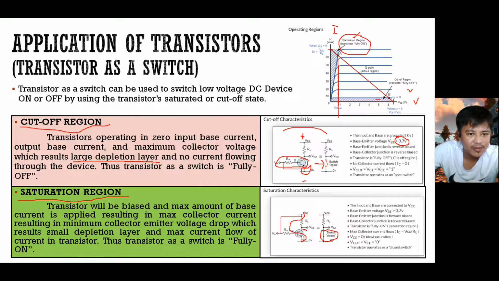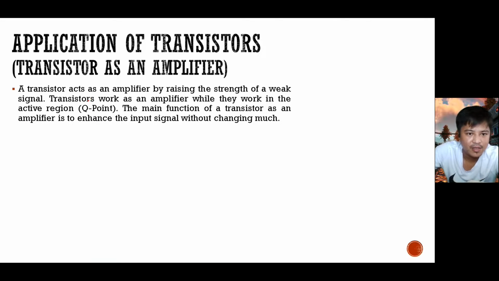Okay? So, another one of the applications of a transistor is the transistor as an amplifier. A transistor acts as an amplifier by raising the strength of a weak signal. Transistors work as amplifiers while they work in the active region or Q point.